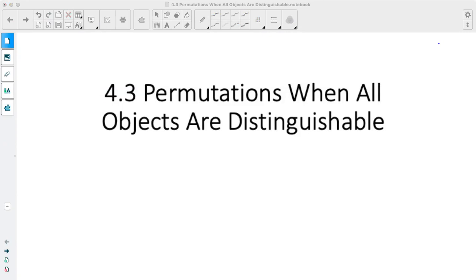Hi, we're going to be looking at section 4.3, which is permutations when all objects are distinguishable. What that means is we're looking at rearranging objects where each object is unique and distinct, so we don't have any objects that are the exact same as each other.